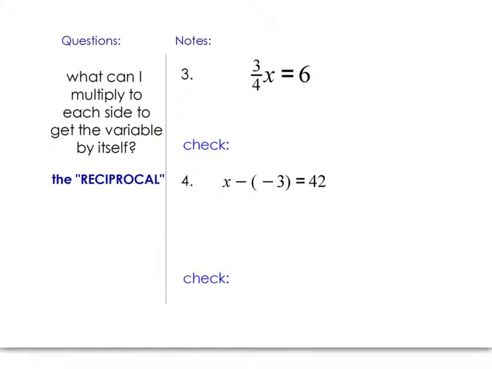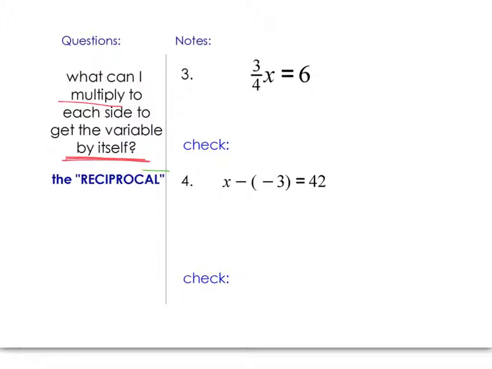Okay, let's try these. 3/4 times x equals 6. Uh-oh. This looks different. Normally, it's just been 1 over a number. I got a fraction that has 2 numbers besides 1 in it. What can I multiply to each side to get the variable by itself?